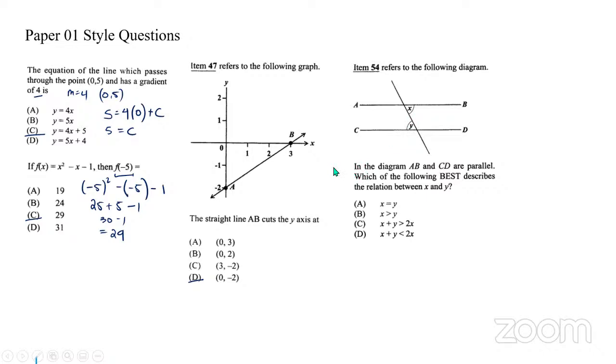So TLDR, A would be the response because X is equal to Y. So if this were 30 degrees, this is also 30 degrees. 60 degrees, this would also be 60 degrees, because this line here makes those two angles equal. And I will leave it at that.